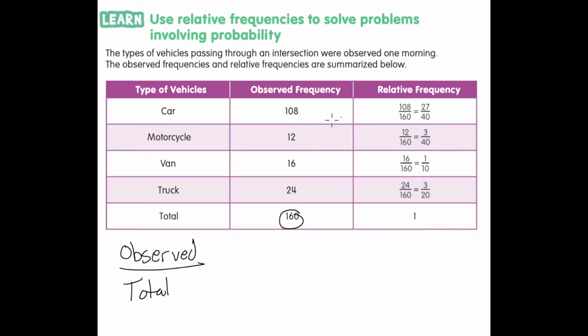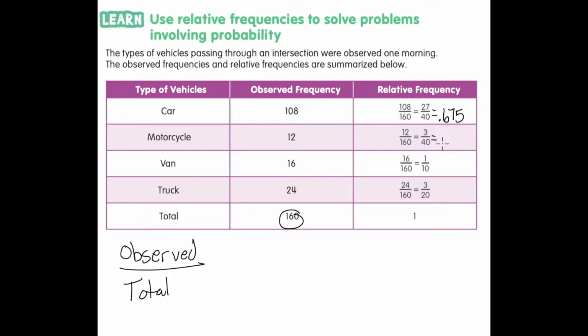Our relative frequency for cars was 108 over 160, which could reduce to 27 over 40. If we wanted to write this as a decimal, that would be 675 thousandths. For motorcycles, it was 12 out of 160, which reduces to 3 out of 40.